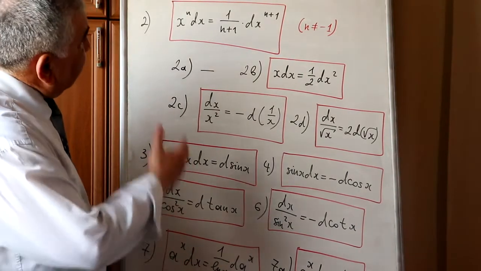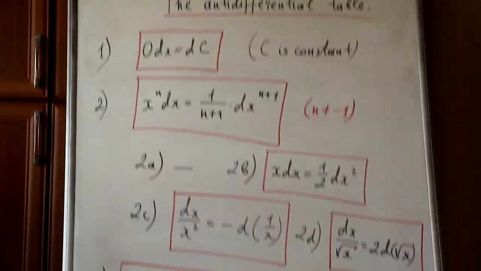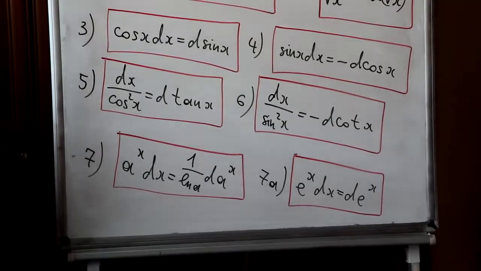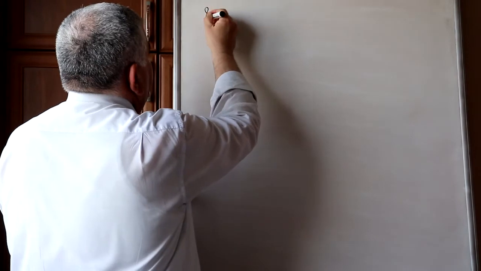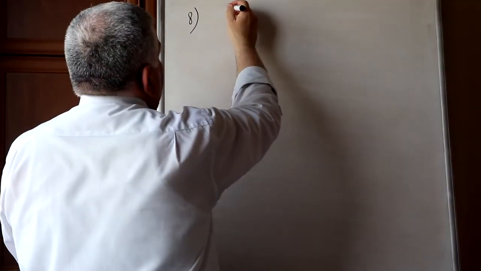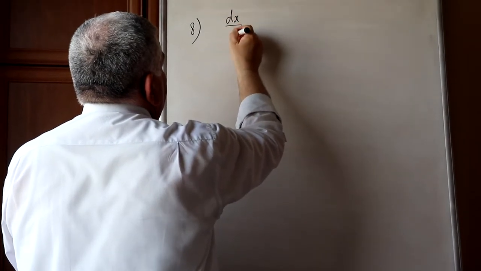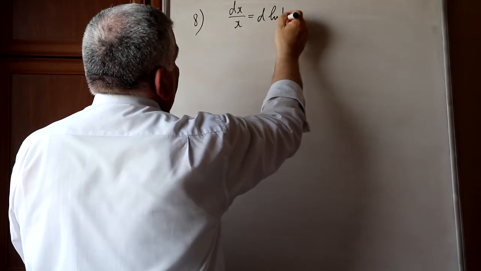Then continue this table. Write the eighth formula. dx over x is equal to d of natural logarithm of modulus of x.